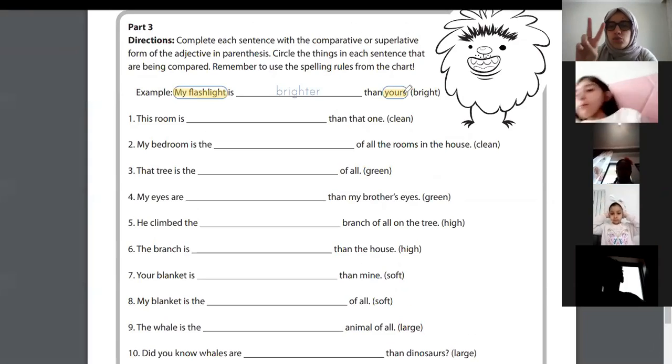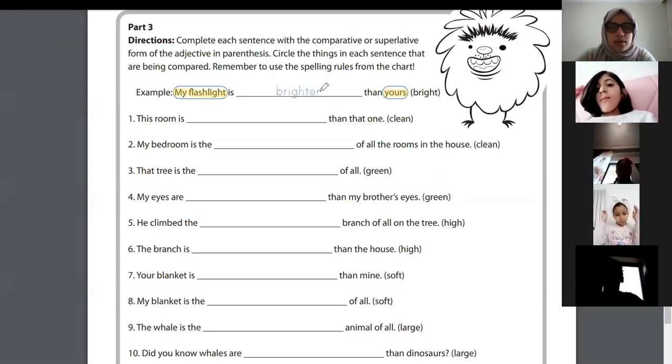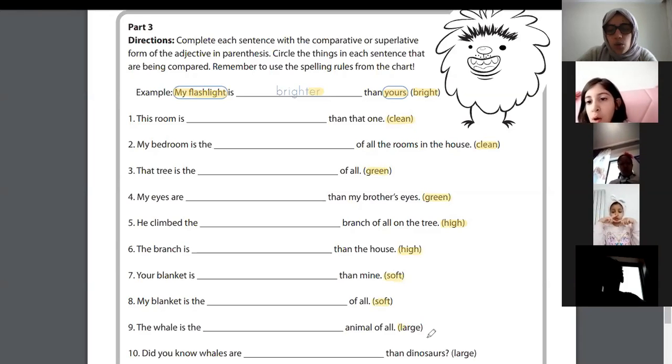Because I'm only comparing between 2 things, I only added ER at the end of the word bright. They're giving you the words here at the end of each sentence: clean, green, high. So we need to decide if we need to add ER or EST or most or more.